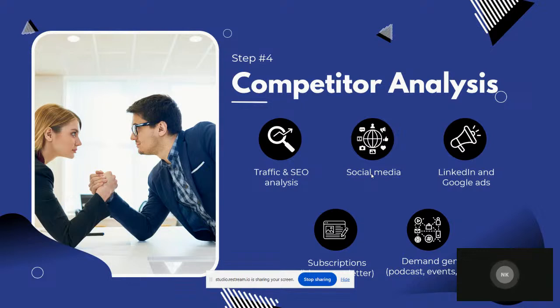But here broadly, I have mentioned 5 areas across which you would want to look at your competitors, starting with traffic and SEO analysis. You would want to look at how much traffic on average your competitors are getting, what are the regions from which they are getting traffic, what are their lead or traffic sources. You can use a tool like SimilarWeb to do that.